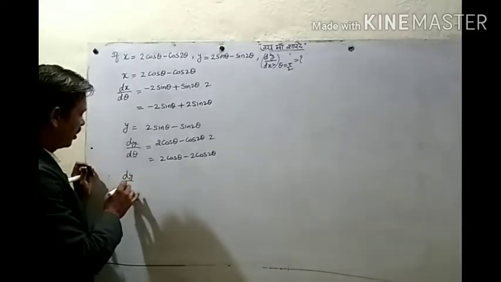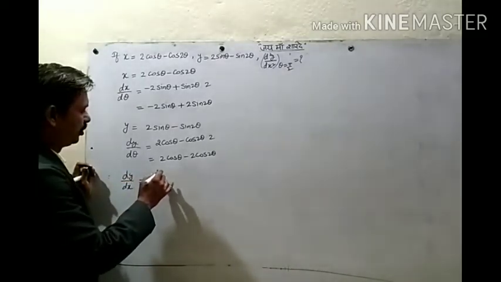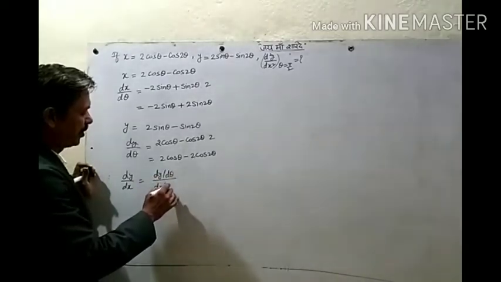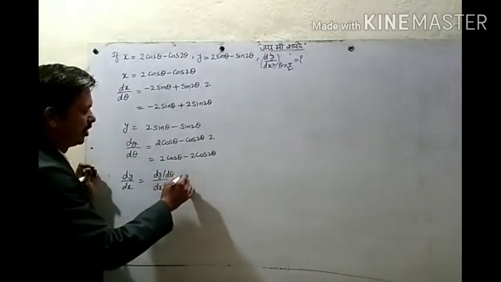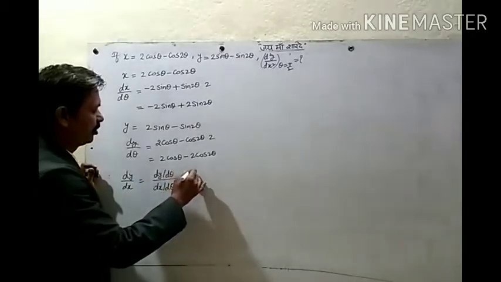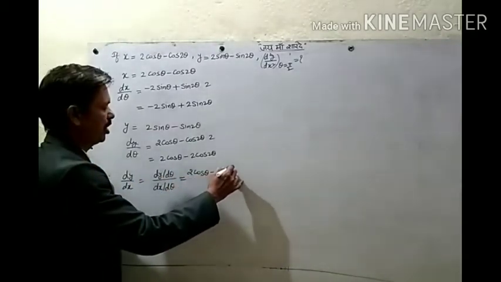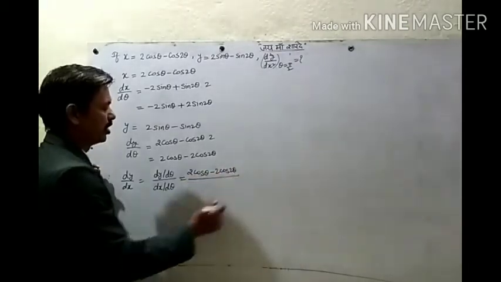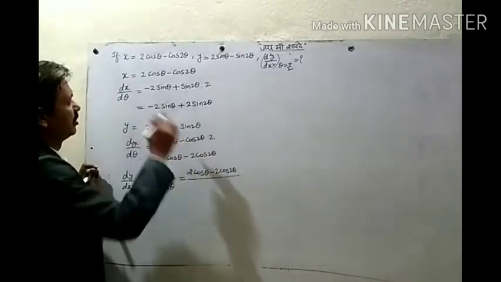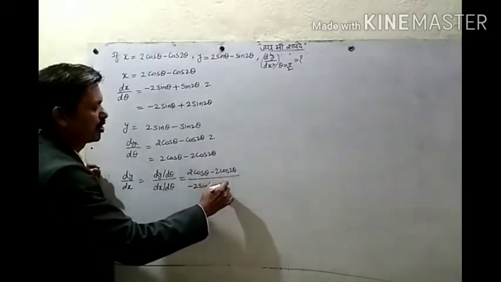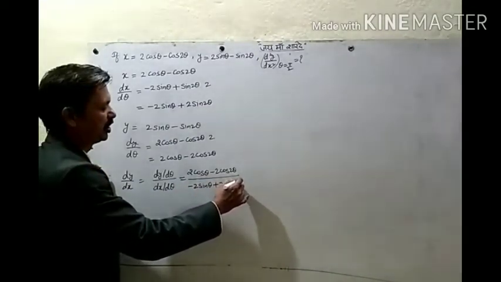Now dy by dx is dy by d theta upon dx by d theta. So dy by d theta is 2 cos theta minus 2 cos 2 theta upon dx by d theta, which is minus 2 sin theta plus 2 sin 2 theta.